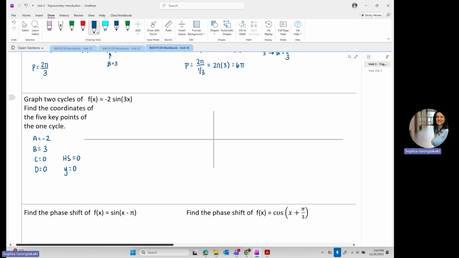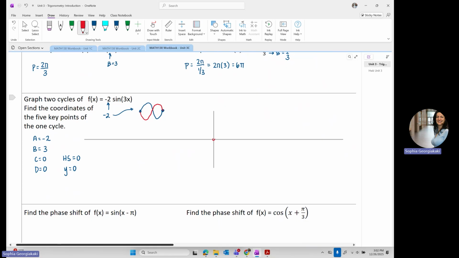I'm graphing a sine function, so I'm graphing a wave that looks like this, starting at the midline. But a is negative, which means that this graph will be reflected with respect to the x-axis. So actually my graph for my sine function will look like this.